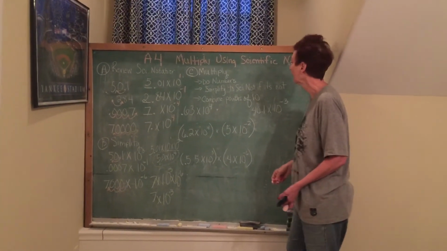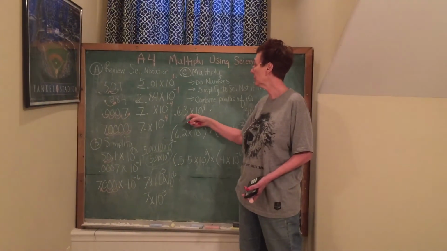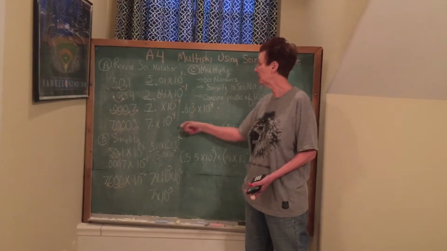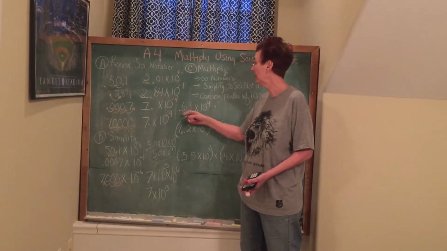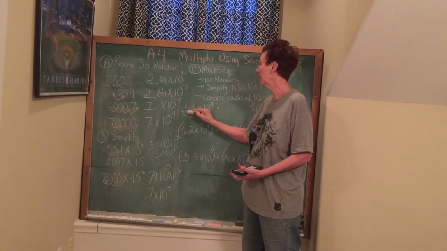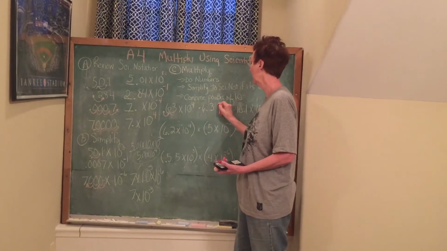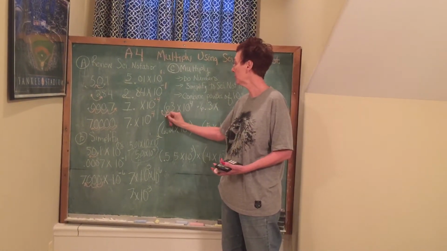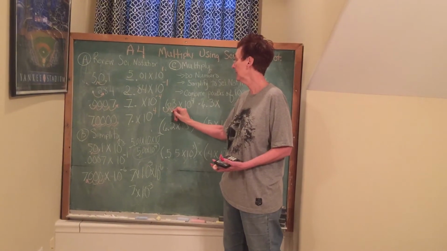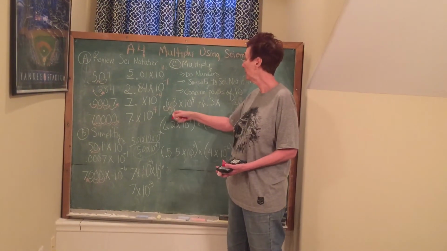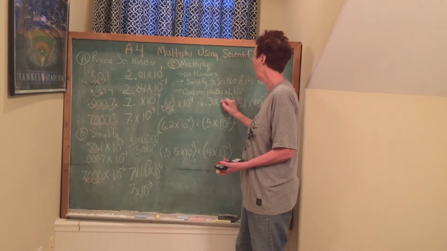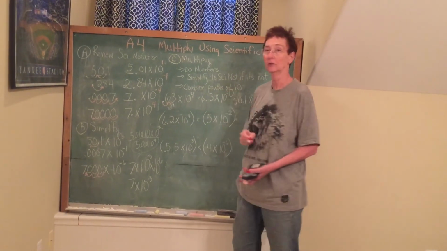So, example. If you've got 0.63 times 10 to the 4th, that's just a simplified one. There's nothing to multiply. This guy's not in the right place. I need to move it here and make it 6.3. When you moved it this way, that made it have 10 to the negative 1 power. So you'll put a negative 1 with your 4, and that would make it 10 to the third.